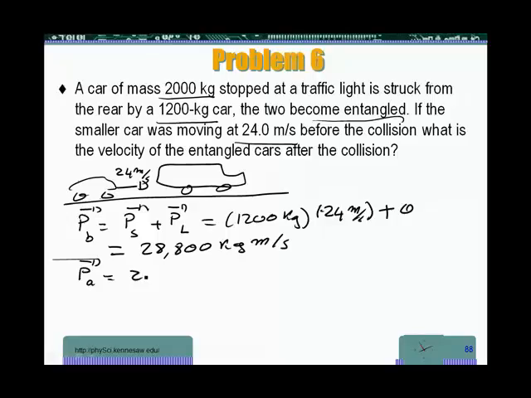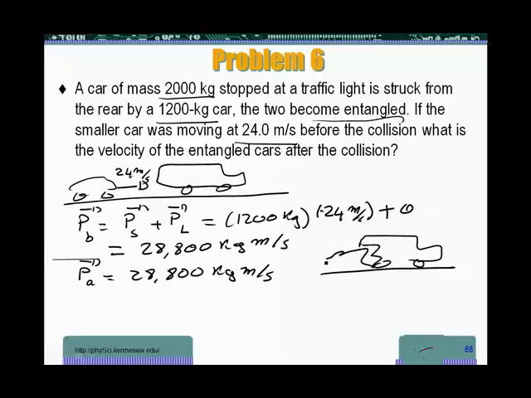Now, after the collision, the momentum should be the same, conservation of momentum, which means the masses, when they get entangled, are going to move together with this momentum here, momentum after.